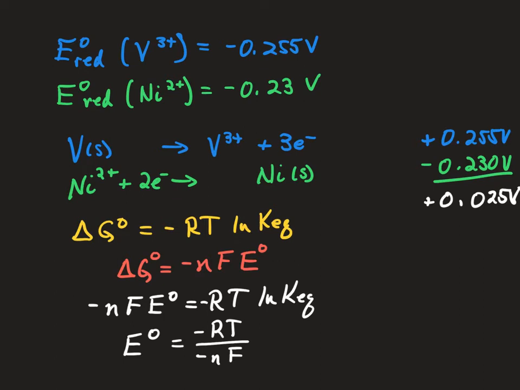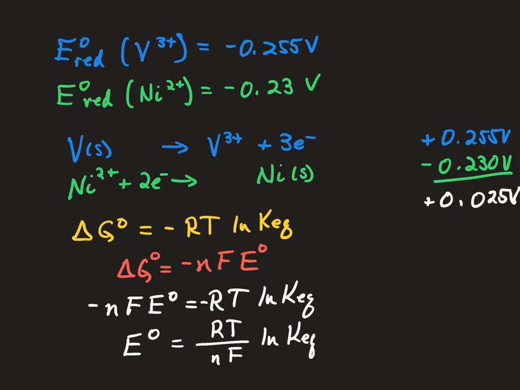This is where the eraser can be handy. Erase that one, erase that one. Times the natural log of the equilibrium constant. And here we have another expression relating our standard cell potential to our equilibrium constant, the same way we could relate delta G to our equilibrium constant.